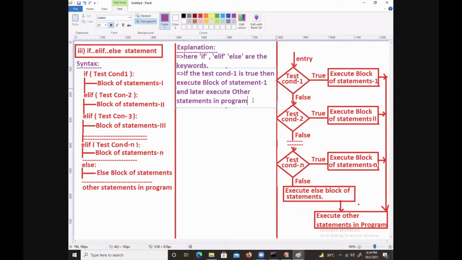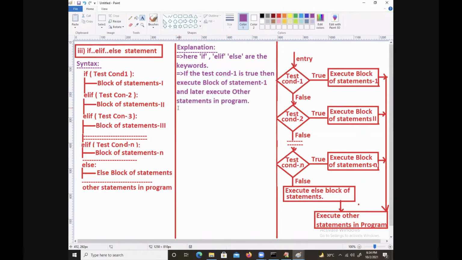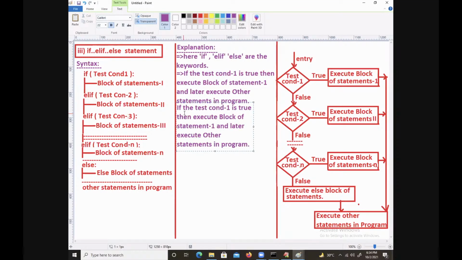Happy. Next, what is happening? Next part I am writing. If the test condition 1 is false, then if the test condition 2 is true, what will happen?